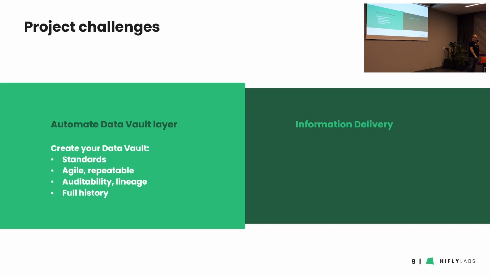But we also want to keep our data auditable, have the full lineage, so have all the information tracing back the data we store in the data vault to the source. And also full history is part of what we want our data vault layer to serve, so to have the full history of the data, regardless of changes, regardless of any issues.